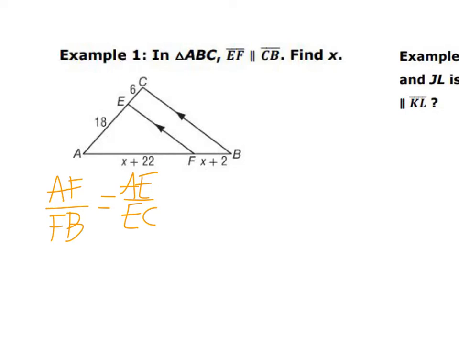Fill in what we know. Our AF, x plus 22, to x plus 2 must be equal to 18 to 6.